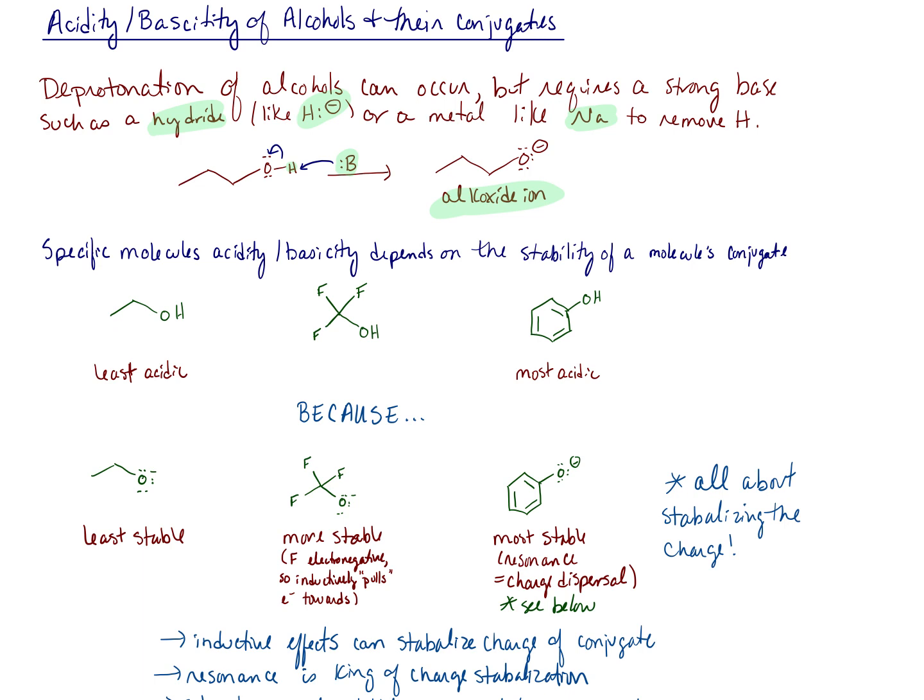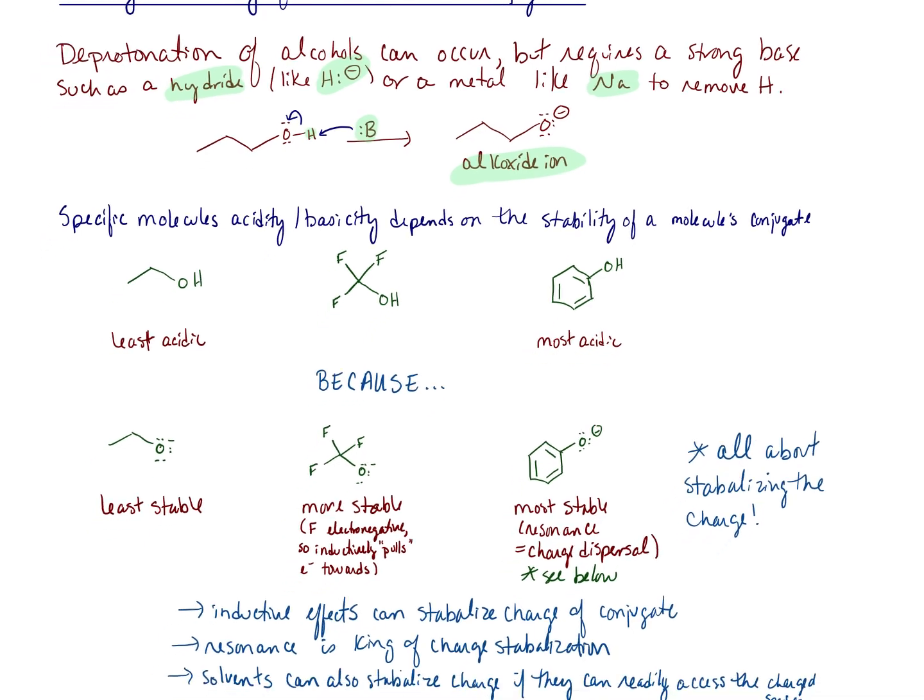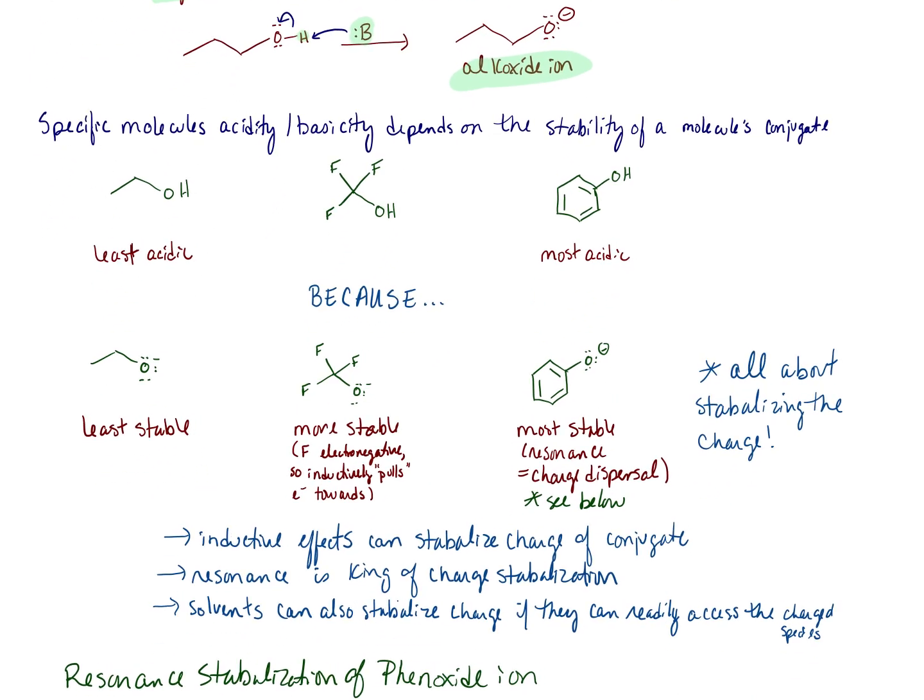So remember that when we're looking at the acidity of a particular set of molecules, what we really want to look at is their conjugates and which one's most stable within those conjugates, right? So things that would be most stable are something with resonance structures, where there's charge dispersal actually taking place amongst different atoms holding a negative charge.